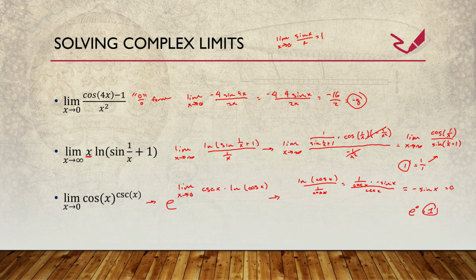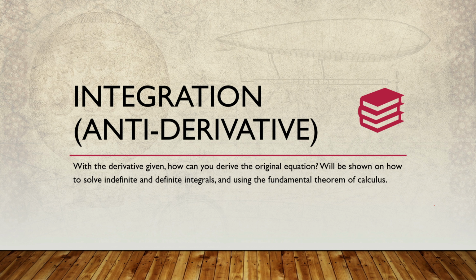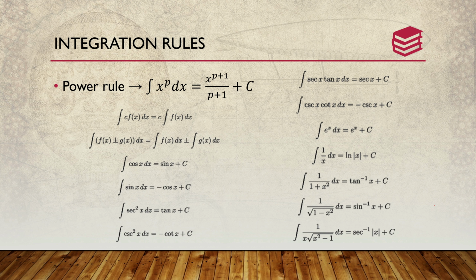So that is how you would solve complex limits. And then last topic, we will have to move into integration. So integration is the antiderivative of a derivative. So you're basically going back to the original function. And then we will go on into the fundamental theorem of calculus.